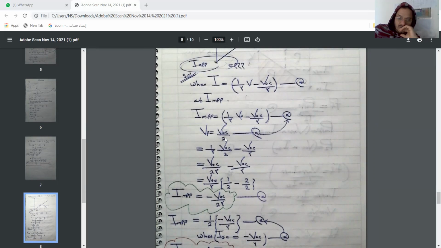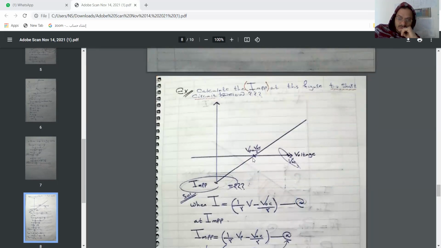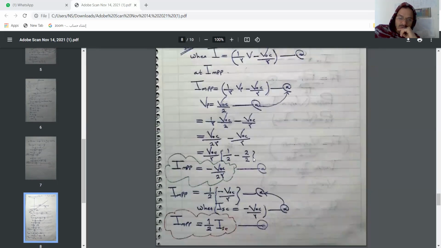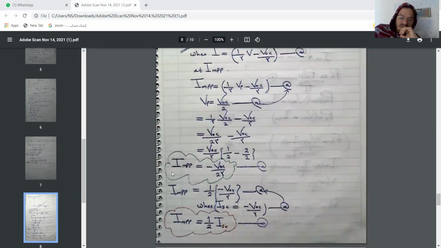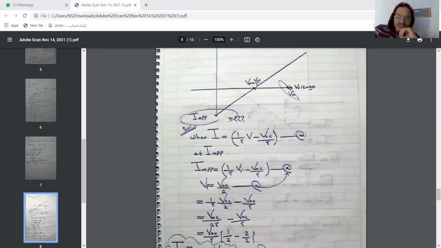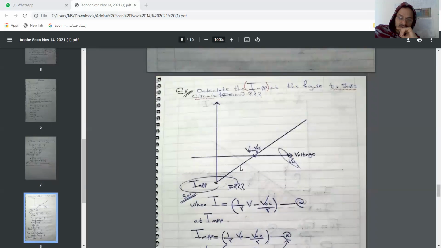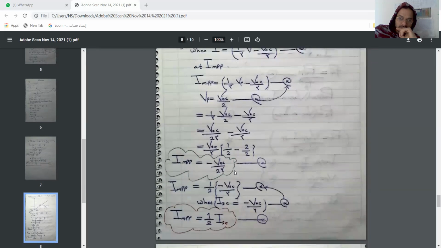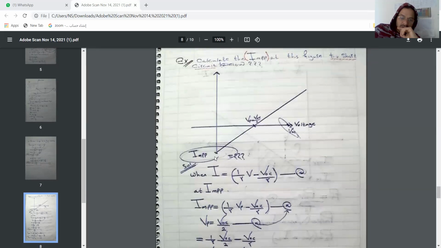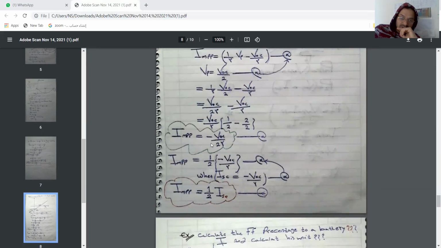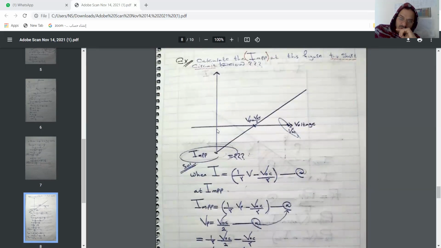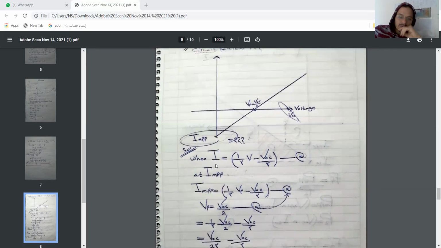VP equals VOC divided by 2, like we know at this point, at this cross. That means Impp equals minus VOC divided by 2R. The minus is normal because here we're working under the 0 point.